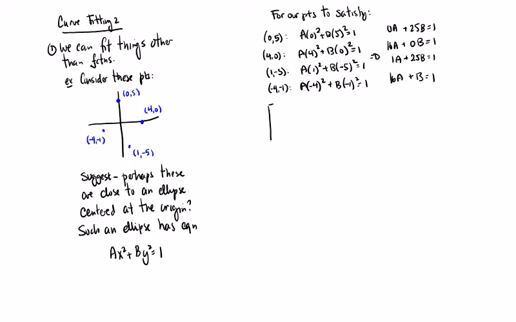So this system as a matrix looks like this, times a, b equals 1, 1, 1, 1. No solution here. If the first two equations give us a and b, those won't fit in the last two equations.